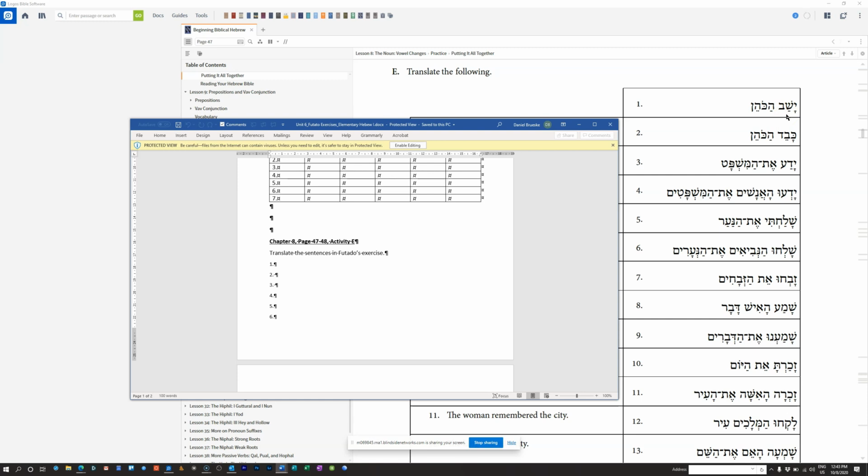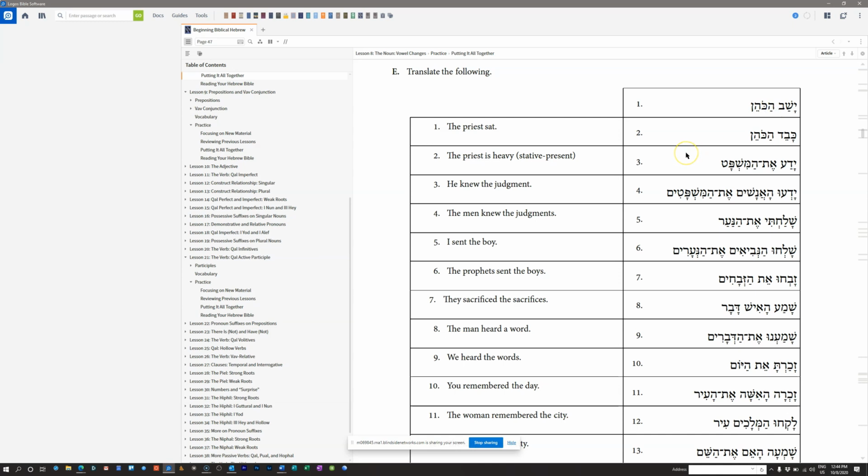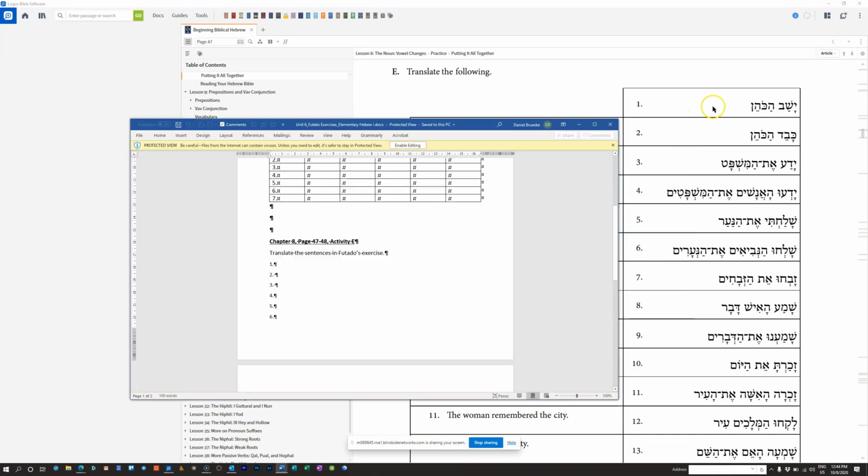So if we've got a verb, especially a verb in the third person, which frequently takes an explicit subject, we're going to assume that our next word is the subject unless it makes more sense as a direct object. Now we know this is not the direct object because it's definite, and if this were the direct object being definite, we would have our definite direct object marker, that et or ot here. We do not. So HaKohen is the subject.